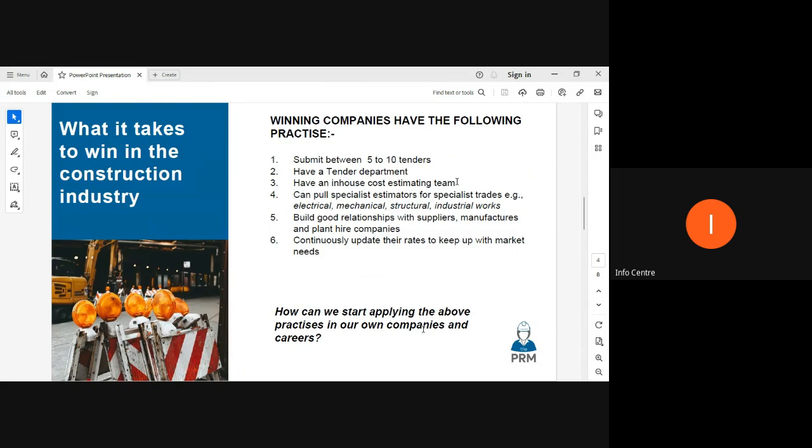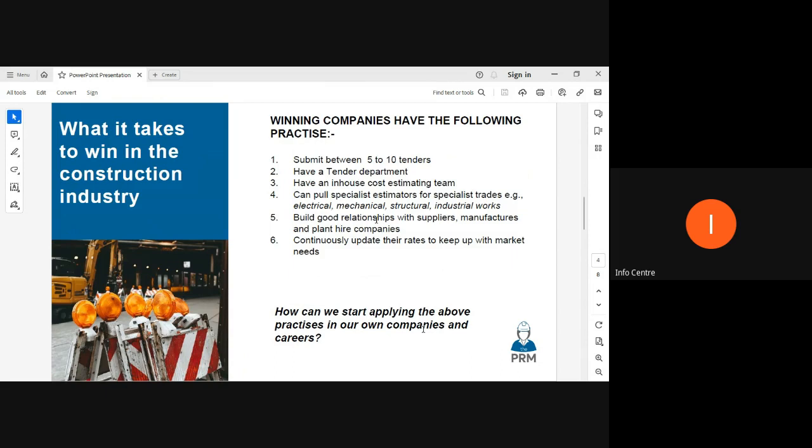Number three, they have an in-house cost estimating team ensuring that the tenders are priced in time, and the tenders are reliable in terms of the rates that are supplied. Number four, they've got specialist estimators to make sure that electrical, mechanical, structural, or any other specialist rates are there and are priced in time and accurately. Number five, they've got good relationships with suppliers, manufacturers, and plant hire.